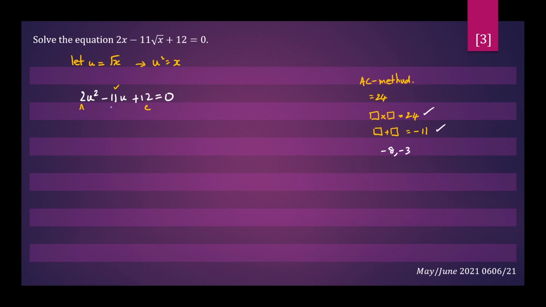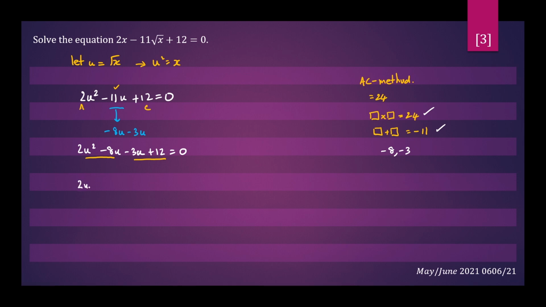What we will do then is break up the negative 11u to be negative 8u minus 3u. That will give us 2u squared minus 8u minus 3u plus 12 equals 0. Looking at these two pairs of terms, we can now factorize.